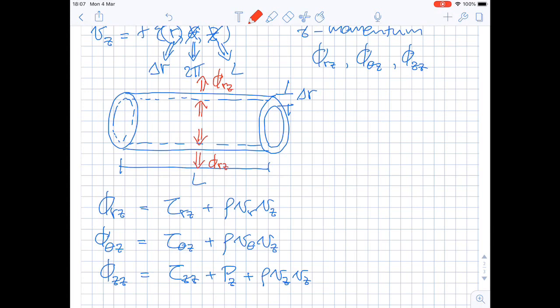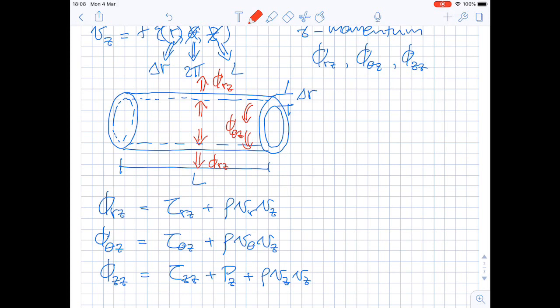Phi theta z is supposed to go around the circumference of the shell, but in this case, because of the fullness of the shell, phi theta z is supposed to be 0, but I will show you later that mathematically it is 0.